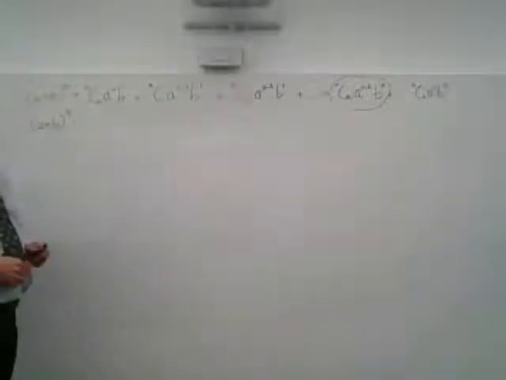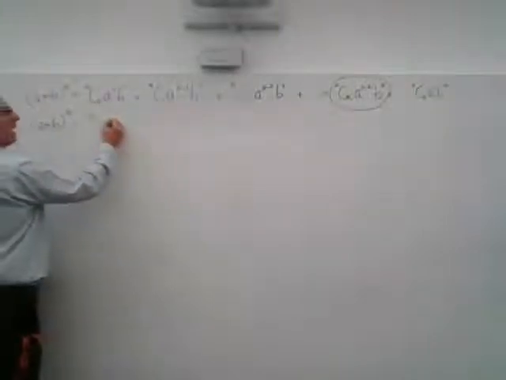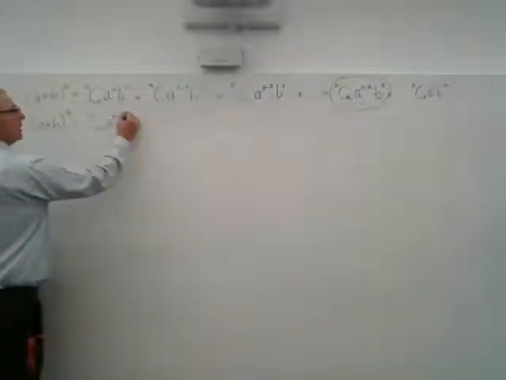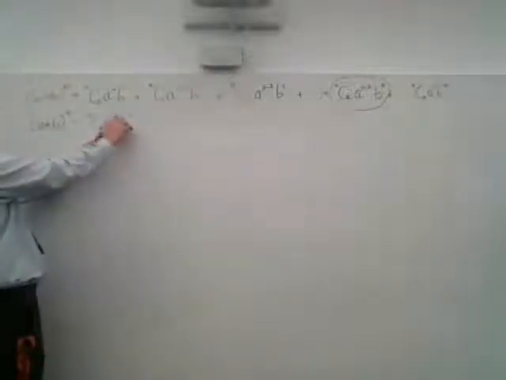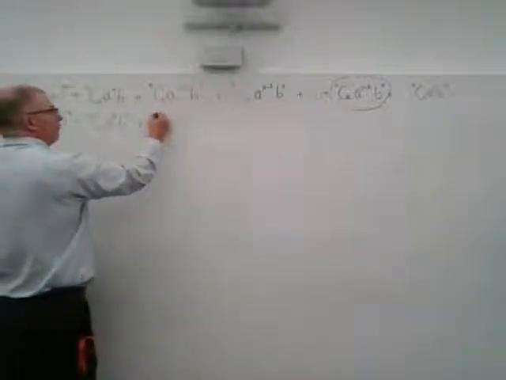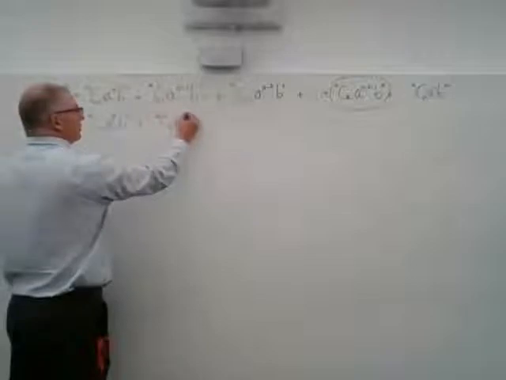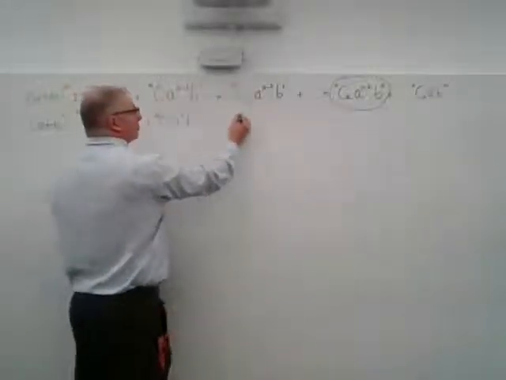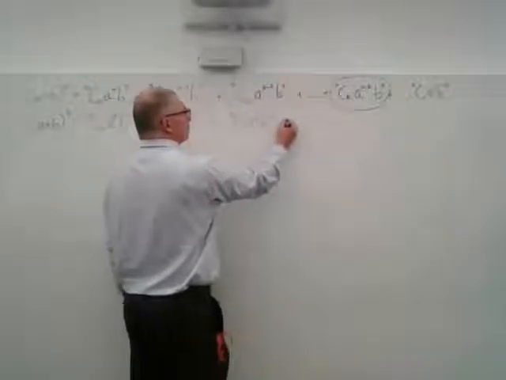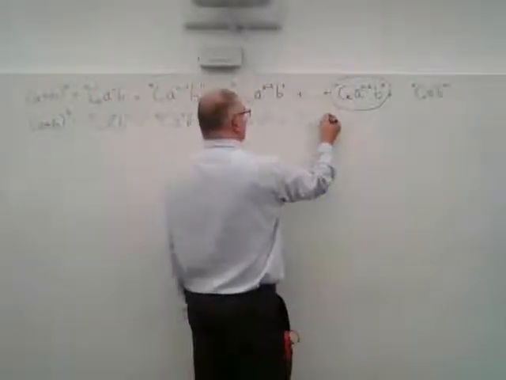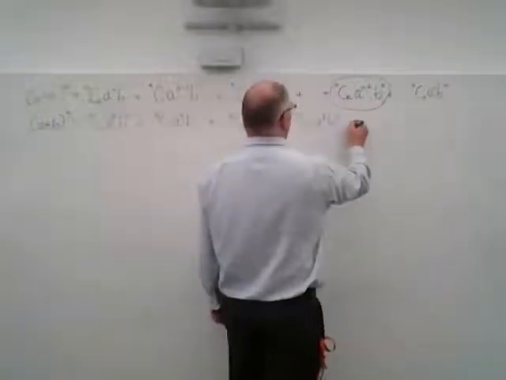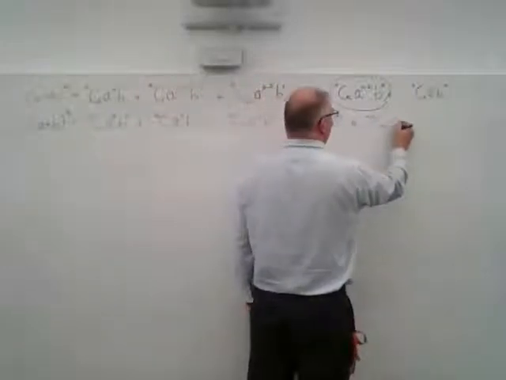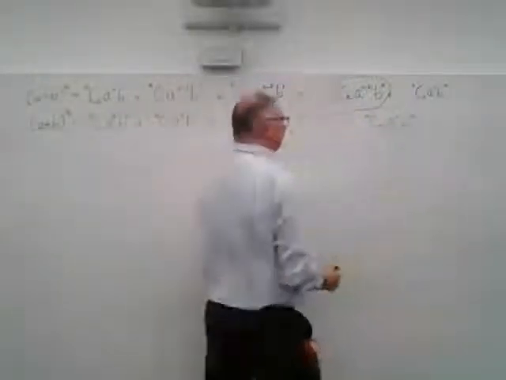So, for example, (a plus b) to the power of 4 would be 4C0, a to the 4, b to the 0, and then 4C1, a to the 3, b to the 1, and 4C2, a to the 2, b to the 2, 4C3, a to the 1, b to the 3, and 4C4, a to the 0, b to the 4.